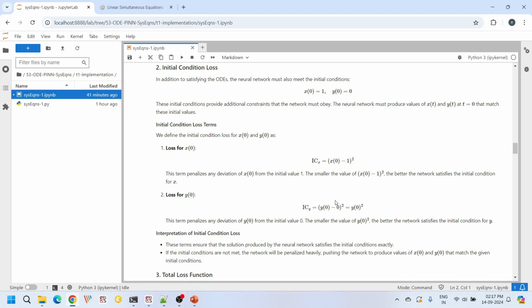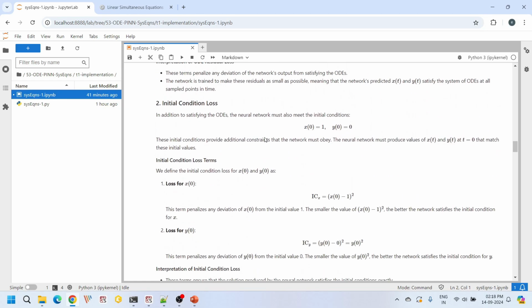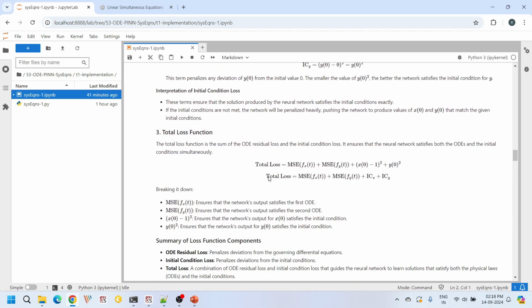So we take a square here, that is equal to y of 0 squared, and we expect this near to 0, and this gives our second initial condition loss. So what we will do is we will combine this and this into one equation. So here that gives our total loss. So overall our objective is to bring this total loss as small as possible.